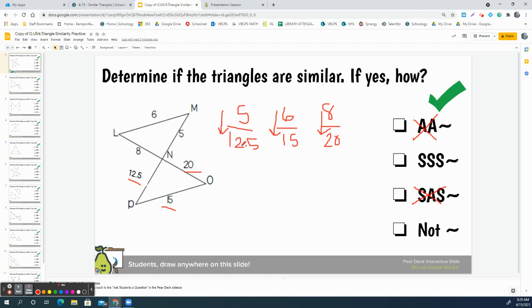Do 5 divided by 12.5 in a calculator. And then do 6 divided by 15 in a calculator. And 8 divided by 20 in a calculator and get a decimal. What do you get for each of those decimals? 5 divided by 12.5, 6 divided by 15, and 8 divided by 20. What decimal do you get?